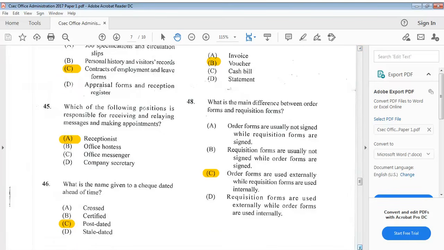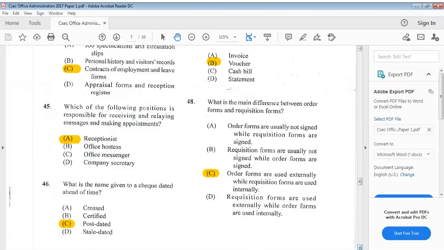What is the main difference between order forms and requisition forms? A, order forms are usually not signed, while requisition forms are signed. B, requisition forms are usually not signed, while order forms are signed. C, order forms are usually used externally, while requisition forms are usually used internally.